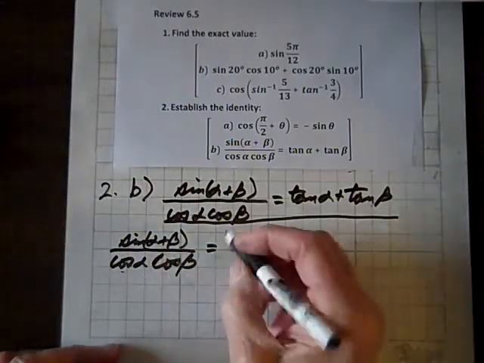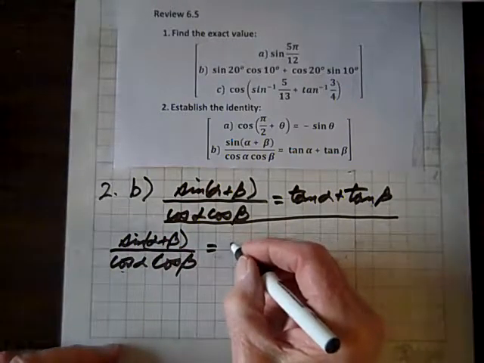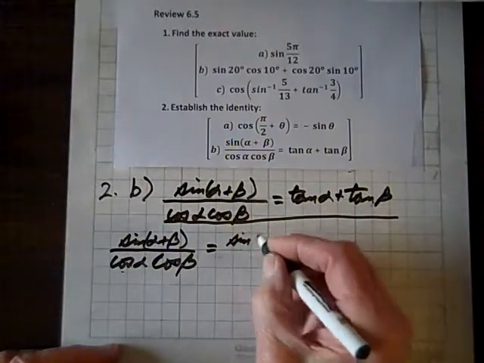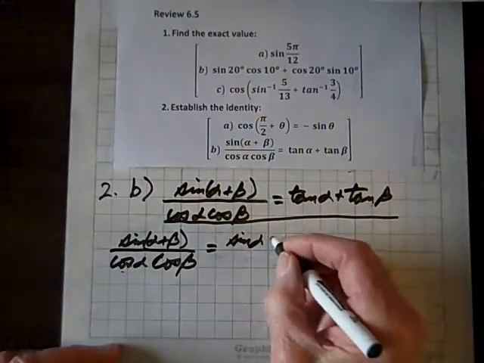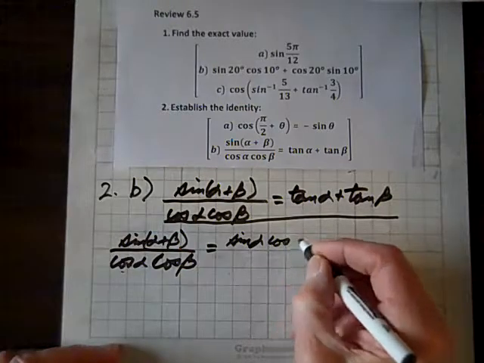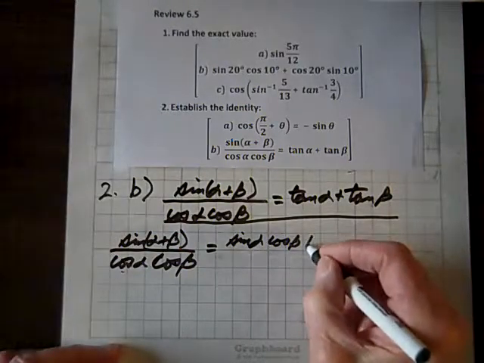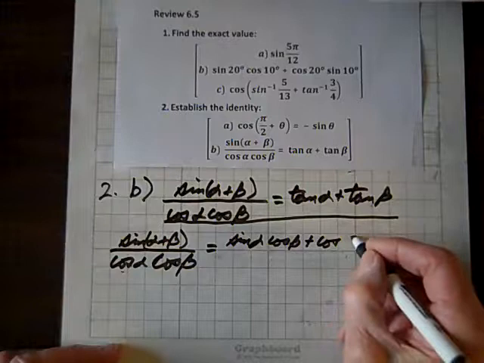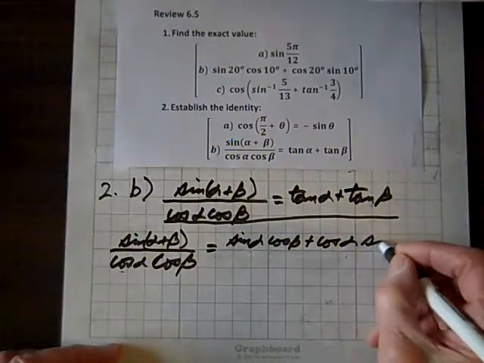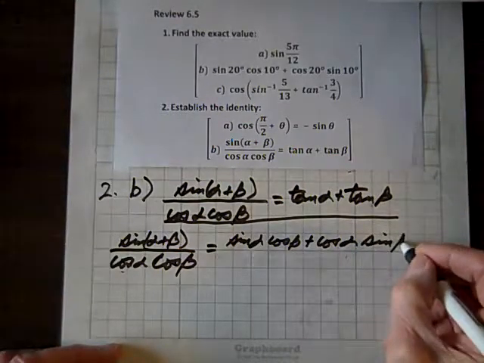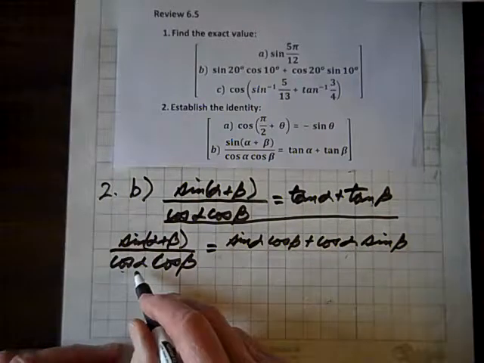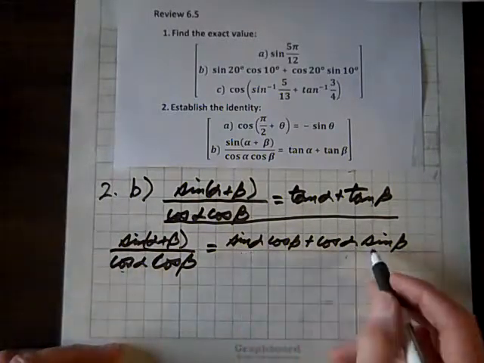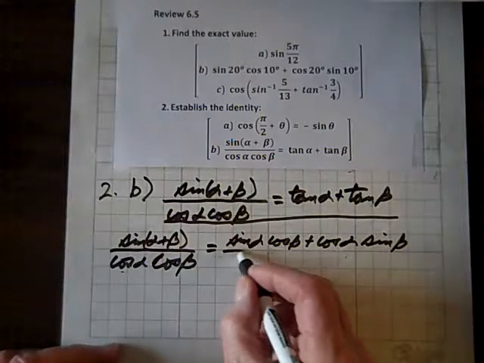And then now we'll expand, and we get sine of alpha, cosine of beta, plus cosine of alpha, sine of beta. And now we can put this denominator under each of these terms, common denominator.